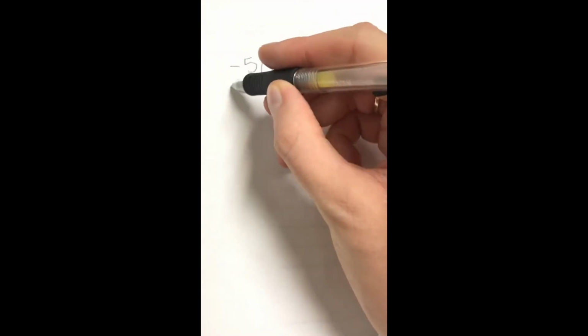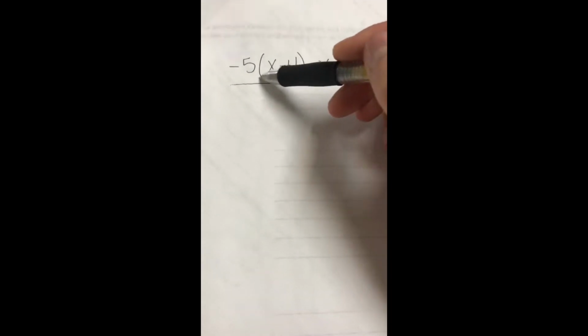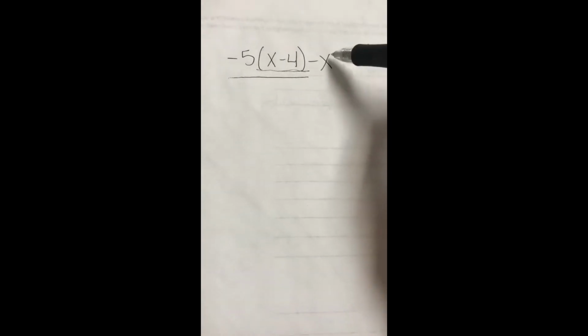Here's an example problem similar to what you would find on your homework. So how we're going to go about this problem is the number right next to the parentheses, with the parentheses, you'll keep as a group, and then everything else we'll keep separately. So this negative 5, we're multiplying it by the parentheses. We're not multiplying it by the x.